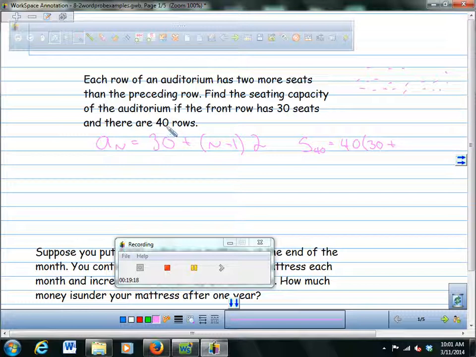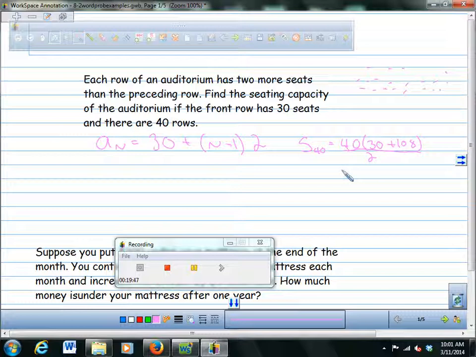the 40th row: 39 times 2 is 78, plus 30 is 108, divided by 2. Isn't that easy? And then I know that 40 divided by 2 is 20, and 20 times 138.